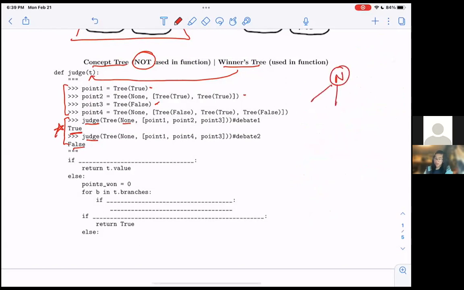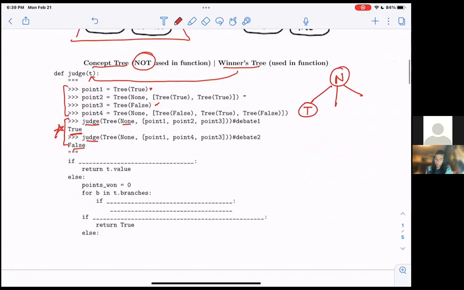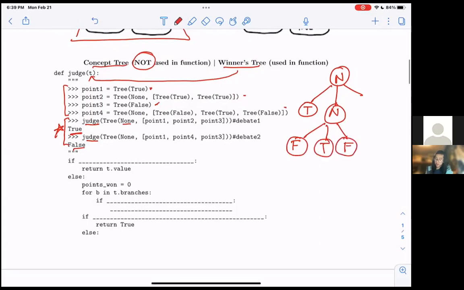And once again, it has 3 branches, which are made up of the subtrees 0.1, 0.4, and 0.3. 0.1 is just a true node over here. 0.4 is a tree with a none root, and then 3 branches, which are false, true, and false. And then the final branch of the overall tree is 0.3, which is just a false node.